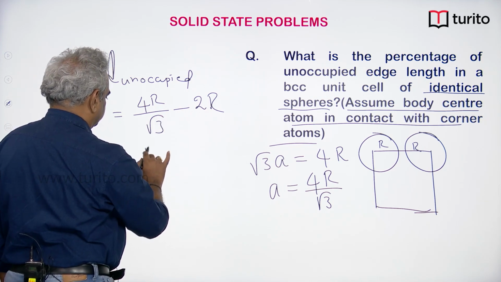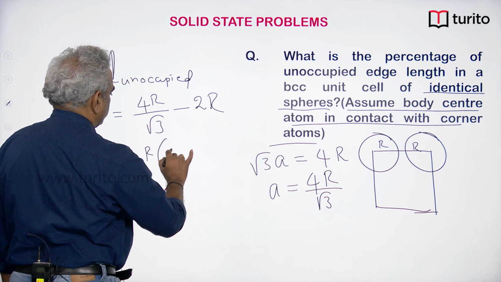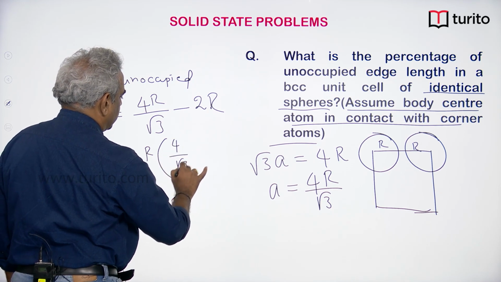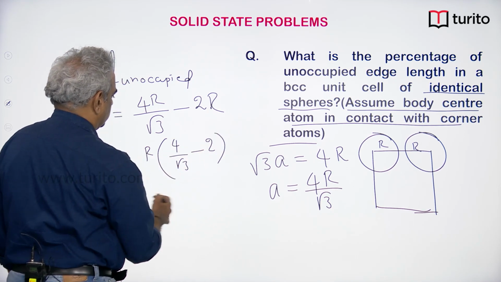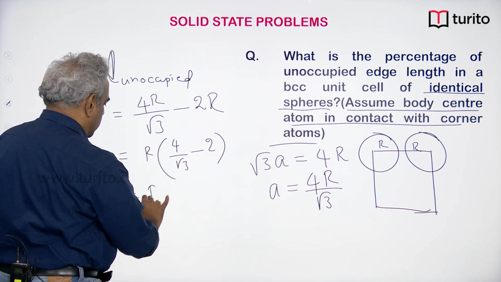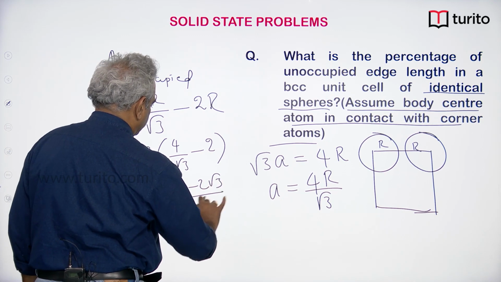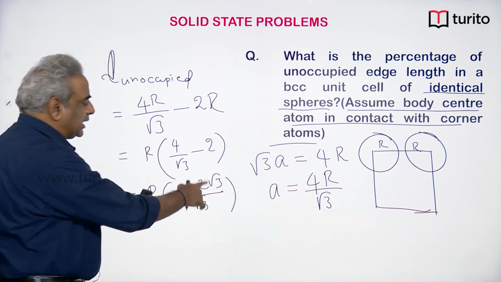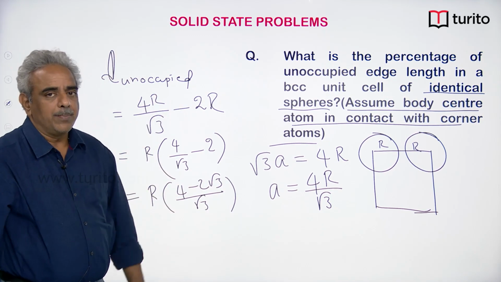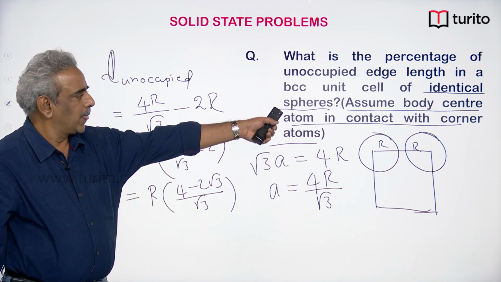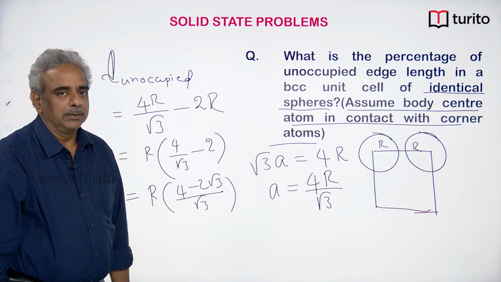So, I am going to get r common, 4 by root 3 minus 2, that gives me r into (4 minus 2 root 3) by root 3. What is this part? Unoccupied part. He is asking the percentage unoccupied, means what?